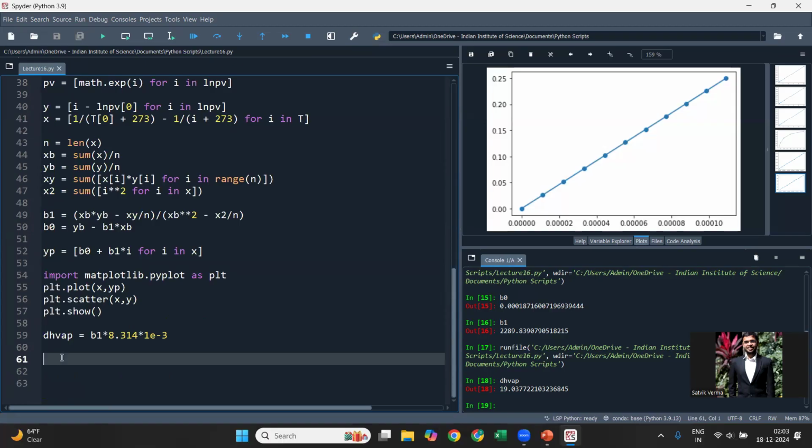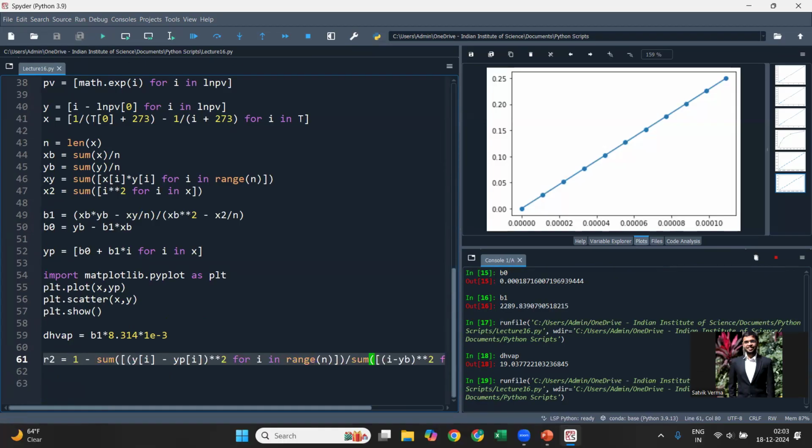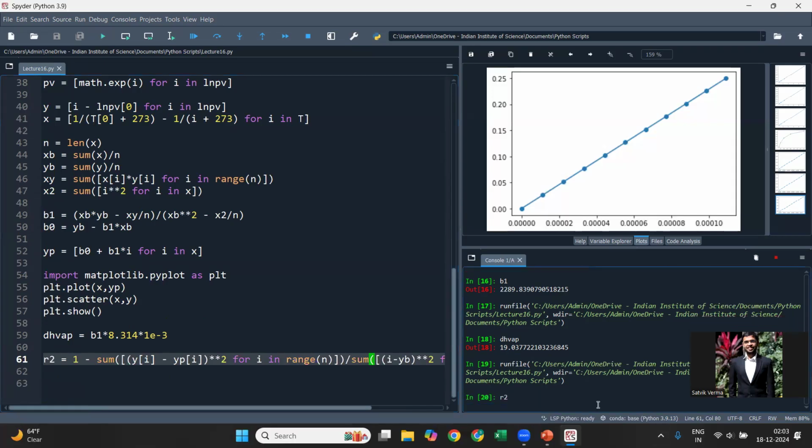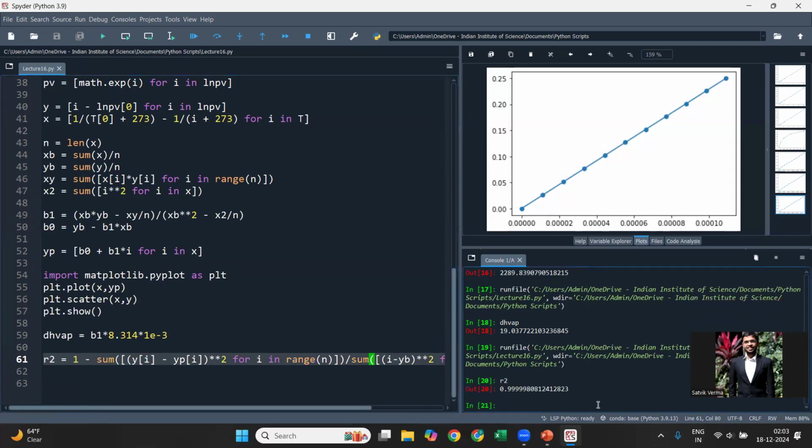So I can calculate R squared value, and my R square value is again 0.999 something, approximately equal to 1. So this is a very, very good fit. And you can see that from the plot itself that almost all data points are lying exactly on the line. So the fit is very nice.